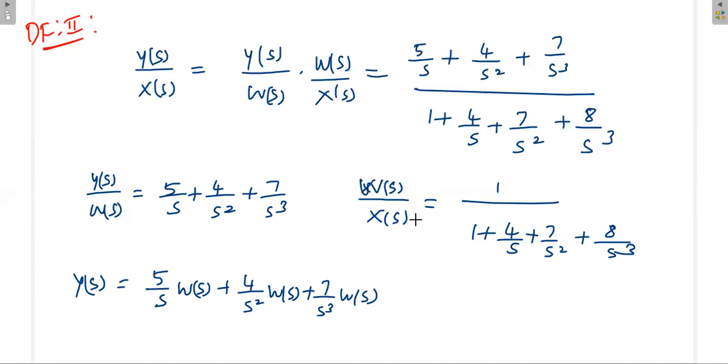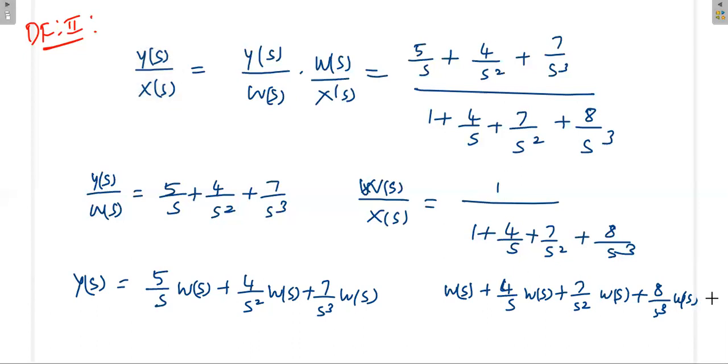Okay, but we need W of s from X of s. So first of all, we will cross multiply this. We will be getting W of s plus 4 by s W of s plus 7 by s square W of s plus 8 by s cube W of s is equal to X of s.